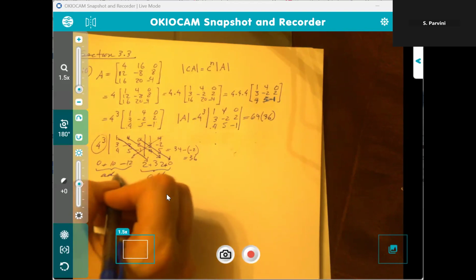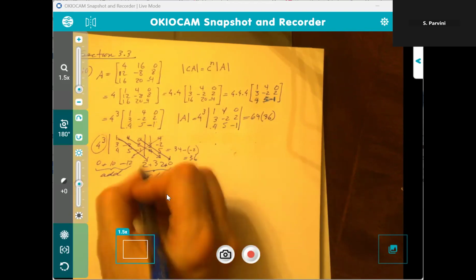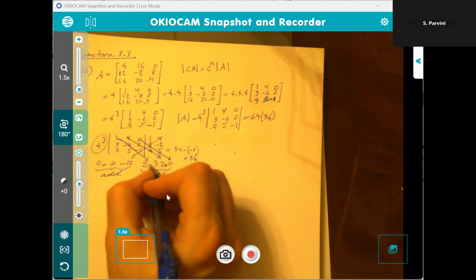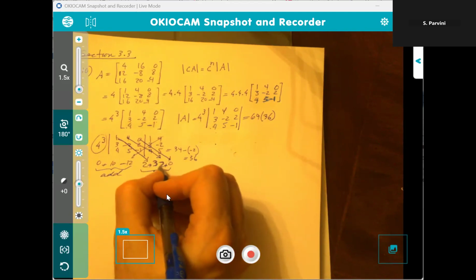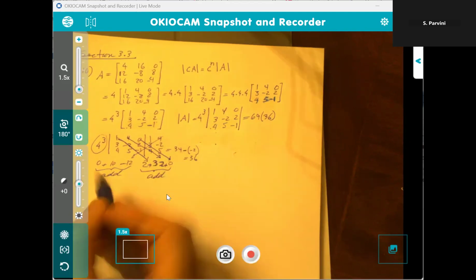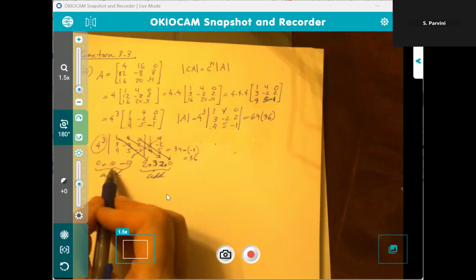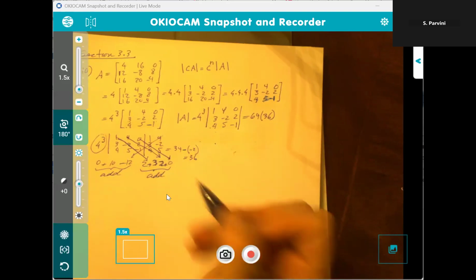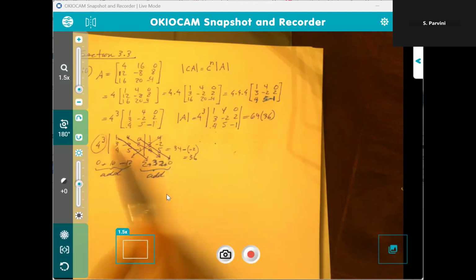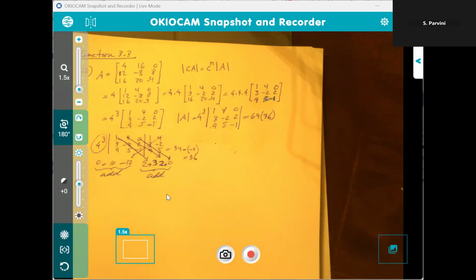You add these numbers, and the sum is -2. The first sum, 32 and 2, is 34. Then you subtract the sum of the numbers going in the other direction, which is -2, so you get 36. Again, this is the 3x5 he was referencing.